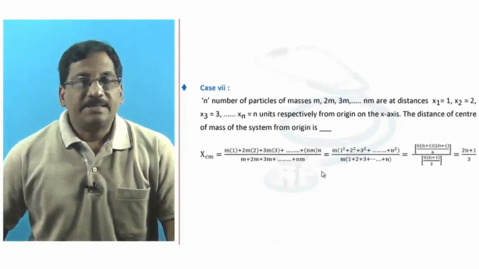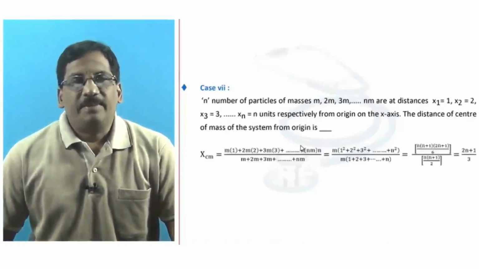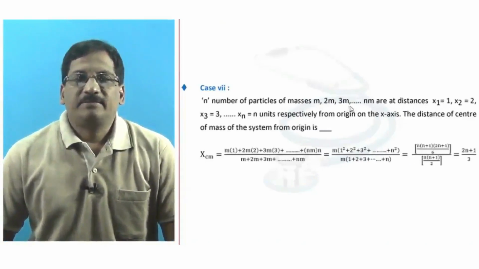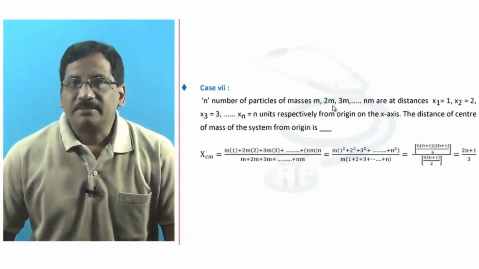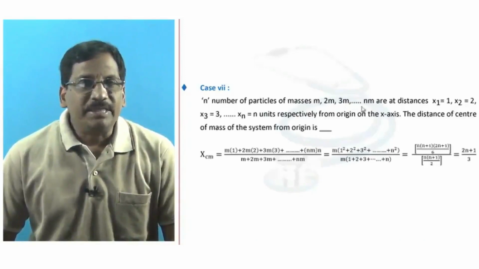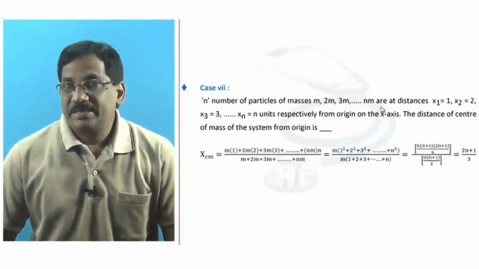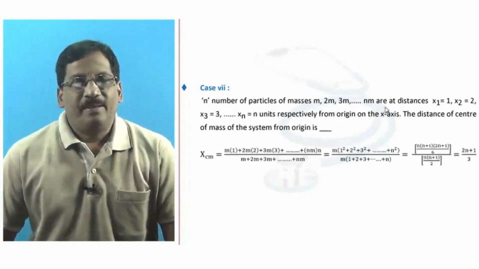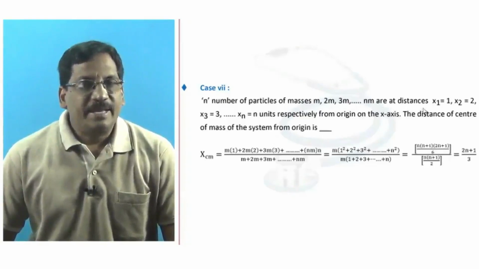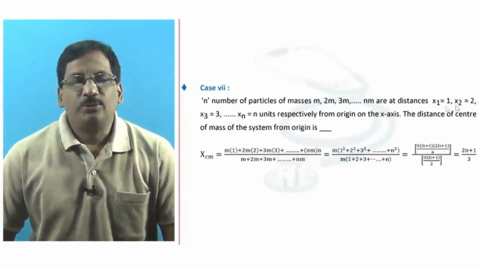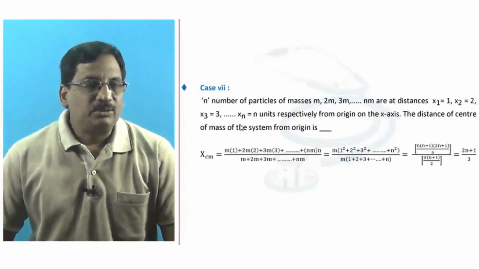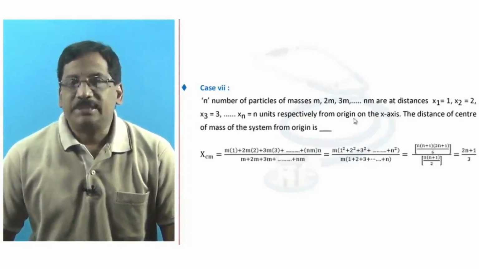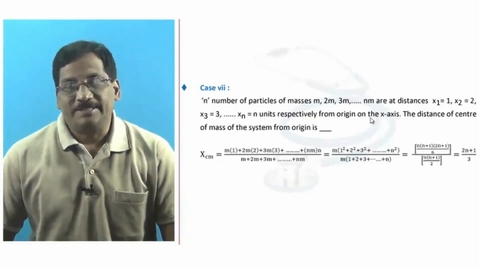And case 7, this time again n number of particles of masses m, 2m, 3m, and so on up to nm. In the previous case each is of mass m, but now the masses m, 2m, 3m, and so on up to nm are at distances, again x1 equal to 1, x2 equal to 2, x3 equal to 3, and so on, xn equal to n units respectively from the origin on the x-axis.